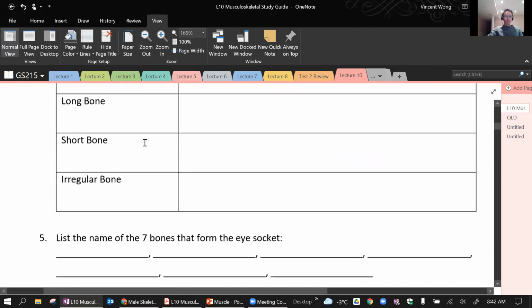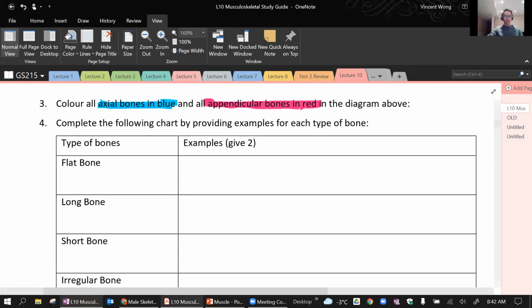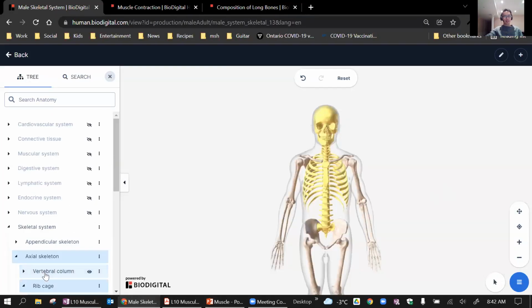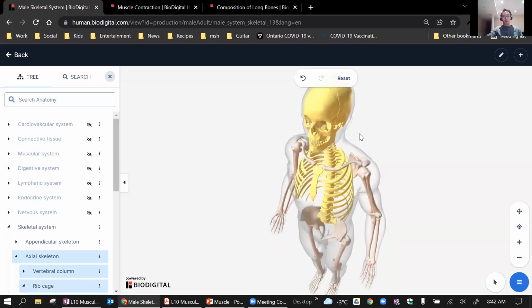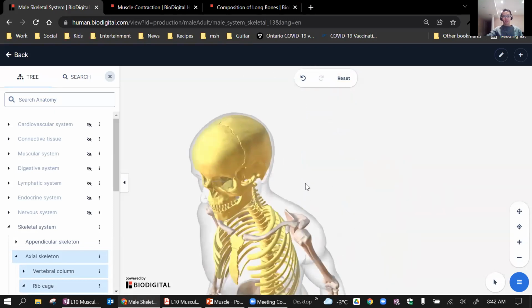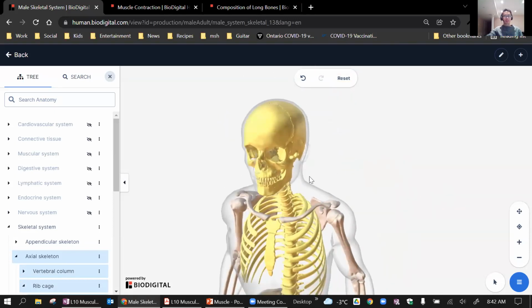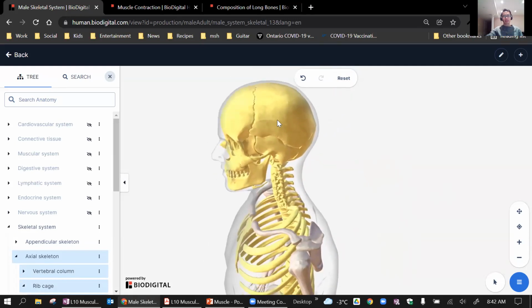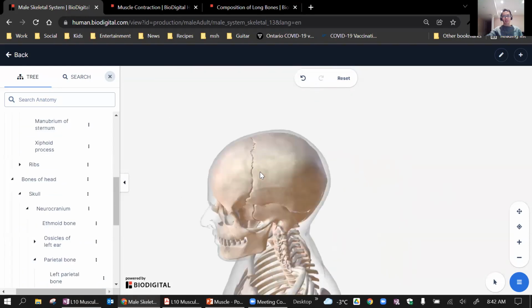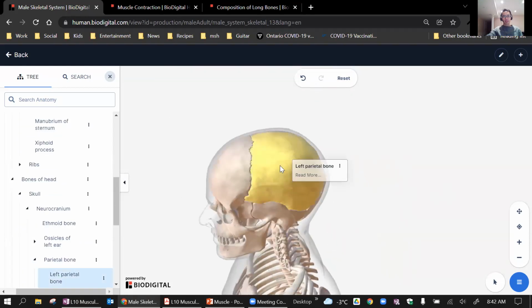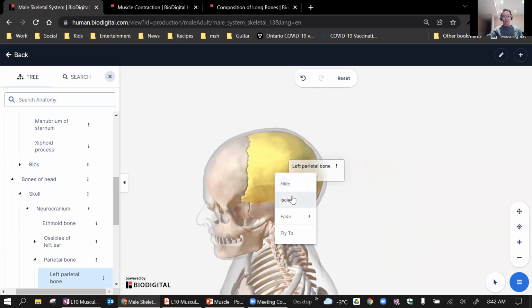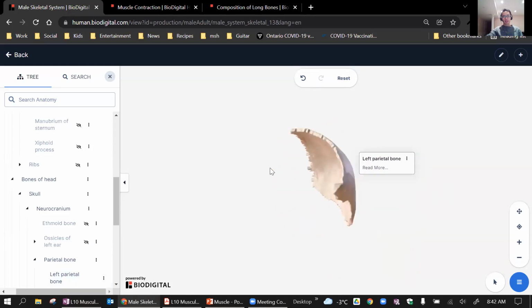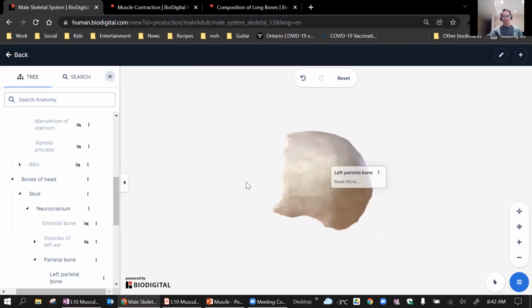Example of flat bone. If you go back to the skeleton here, bones that are flat, you have a couple of choices. Most of the bones in the head are kind of flat. For example, this one is pretty flat. Let me isolate it for you. There, that's relatively flat.